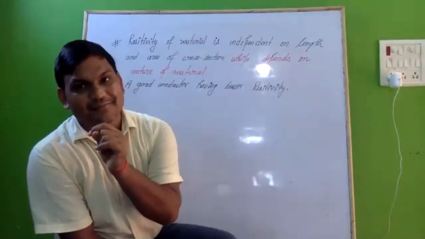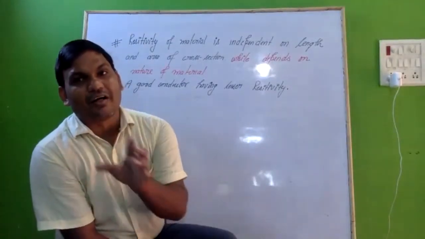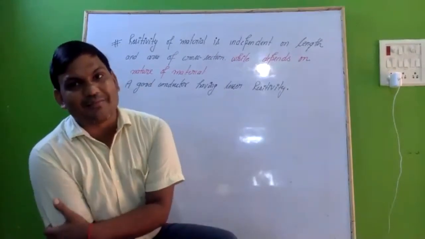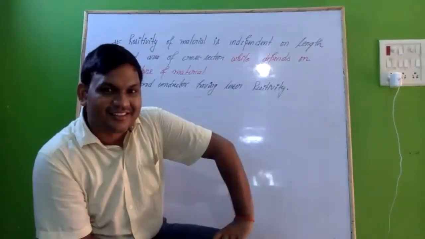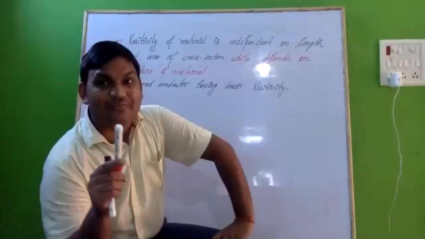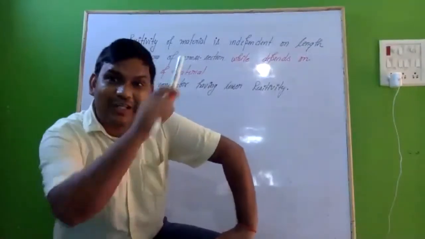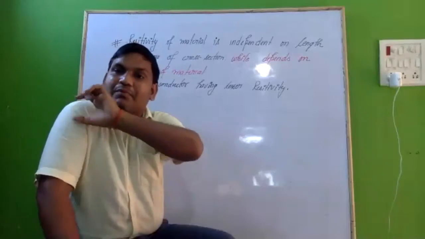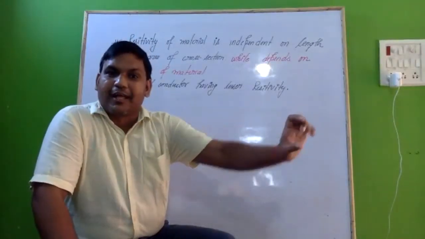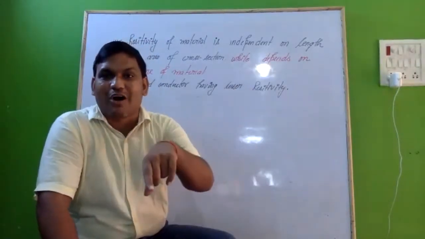What is that reason? You know, when aluminium reacts with oxygen or moisture, then it forms aluminium oxide, which acts as a preventive layer against corrosion. If it is a preventive layer, it means what?